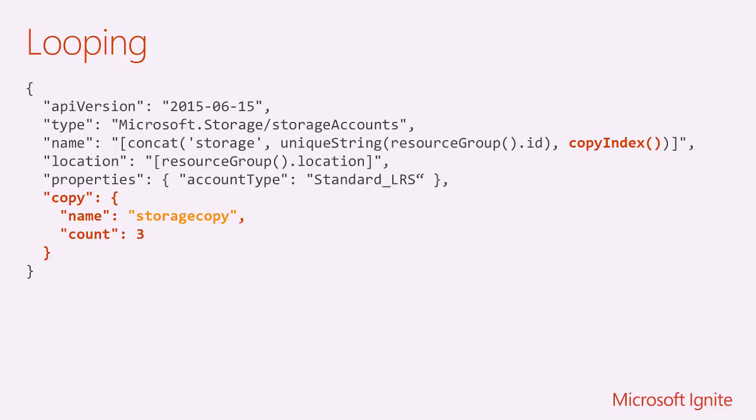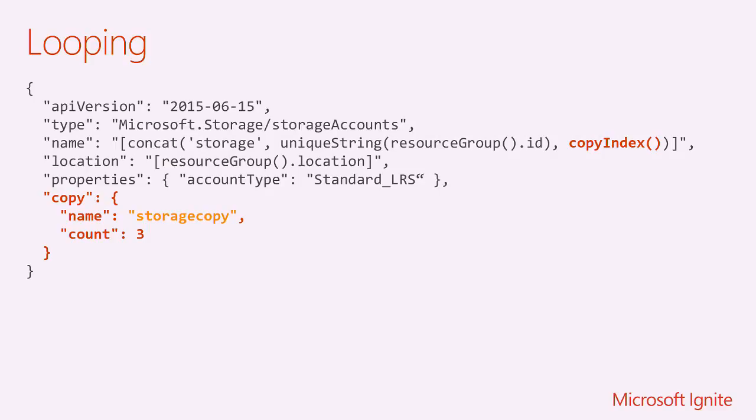This is how we achieve being able to deploy n number of virtual machines. And this copyIndex function, which goes hand in hand with the copy object, simply gives you the current iteration number, the integer, upon each calling. So it's kind of XSLT-ish in its nature.